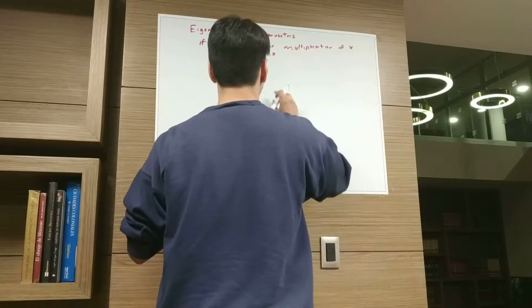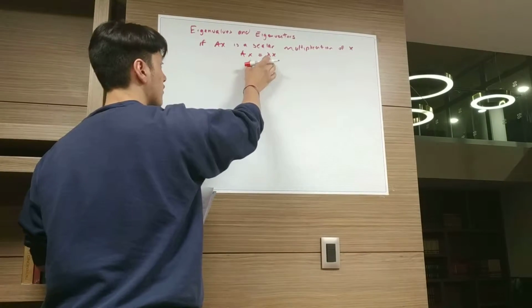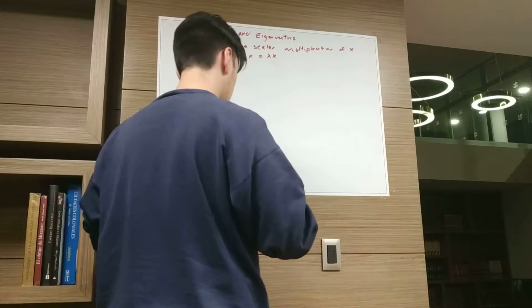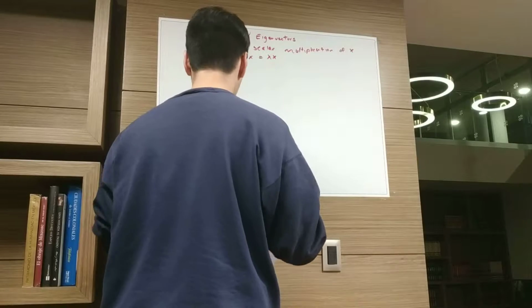So if this is satisfied, this is an eigenvalue. Also, in another color I want to explain an eigenvector.